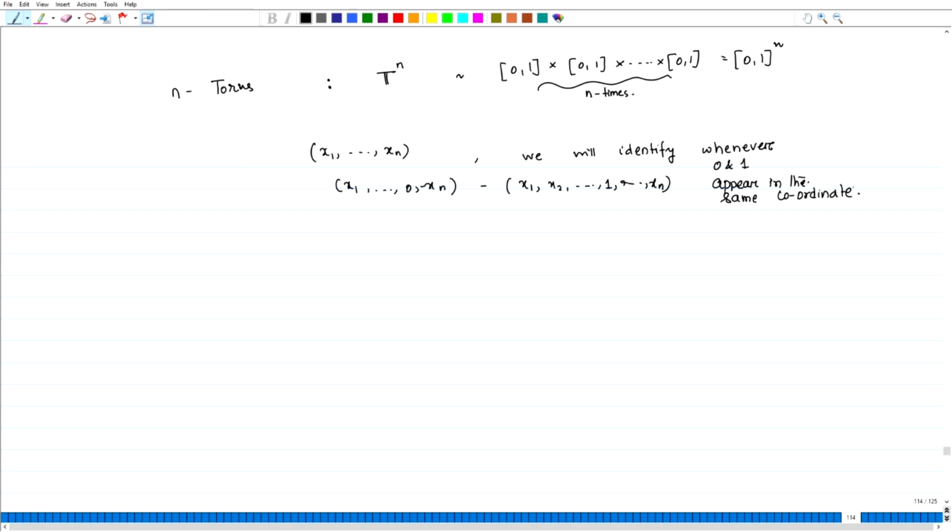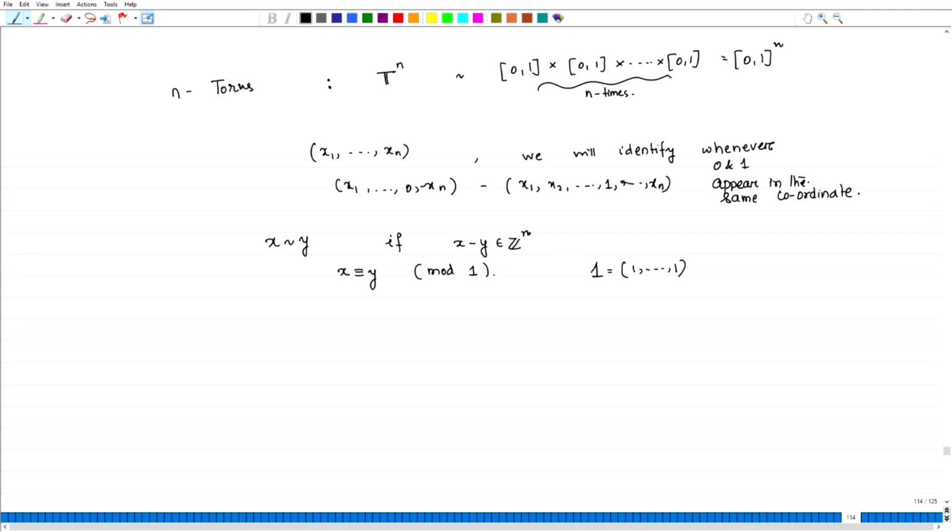More precisely we say that x is identified with y if x minus y varies over Z n. Then we write in that case x congruent to y mod 1. Here the 1 is the vector 1, which consists of the n tuple of constant 1.